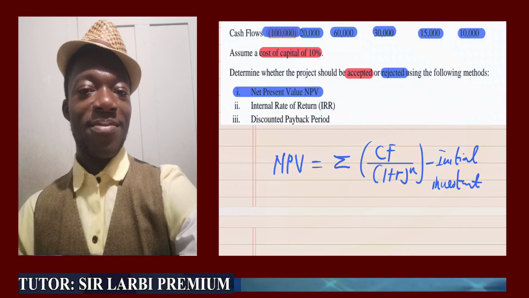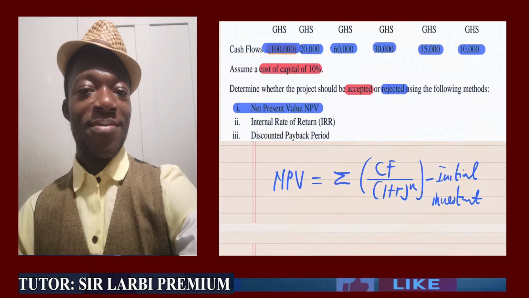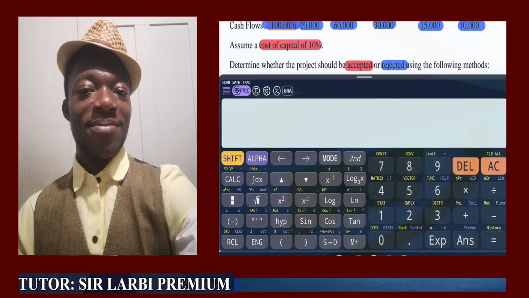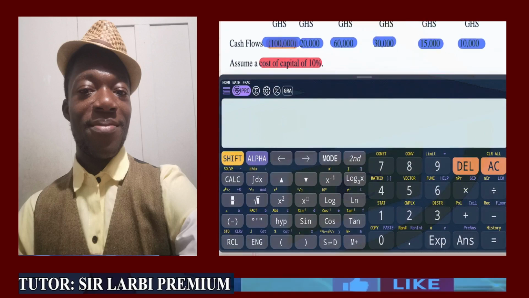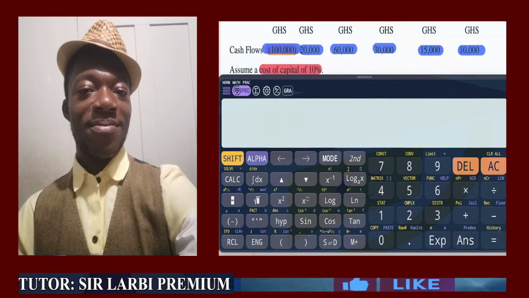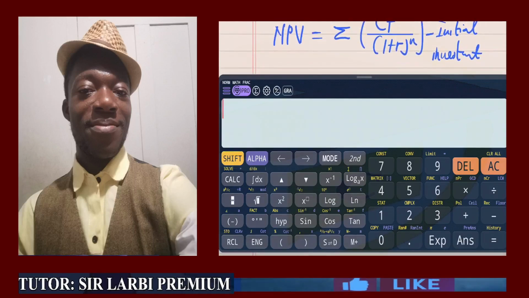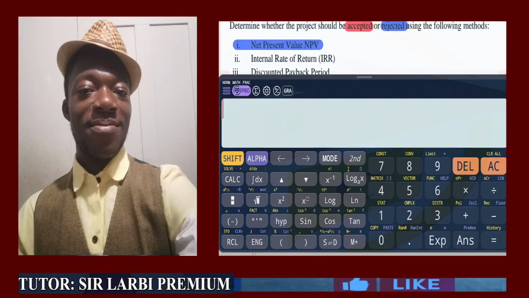So how do we go about this? With the help of our smart calculator, we can easily do this. These are our cash flows for the years, and our cost of capital is 10%. So we bring in these values.